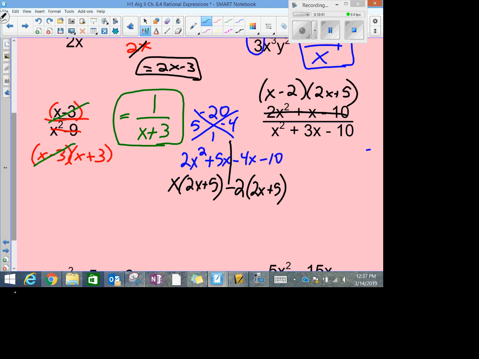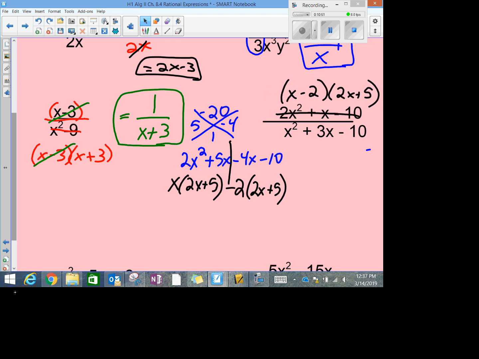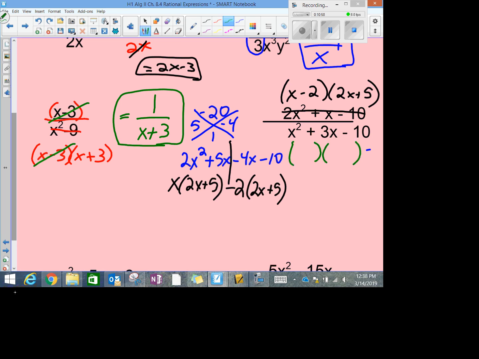And then the bottom, we can use the magic question, right? So we'll multiply to negative 10, adds to positive 3. That would be what? 5 and negative 2.